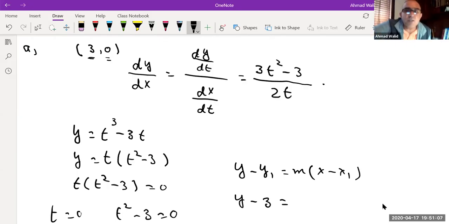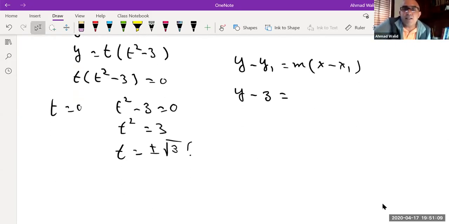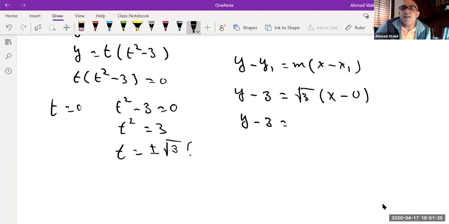We just found the slope, two of them, positive radical 3 and negative radical 3. Let's use first the positive. Positive radical 3 times x minus x1. Agree?